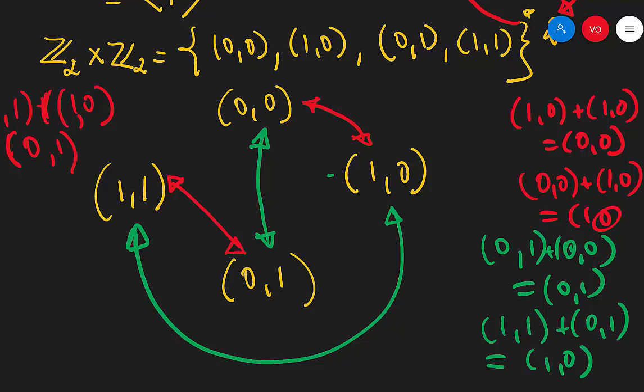And so on. You can see here that even if we take the generators 1,0 and 0,1, which will of course generate Z2 cross Z2, there is no single element which will generate the entire group.